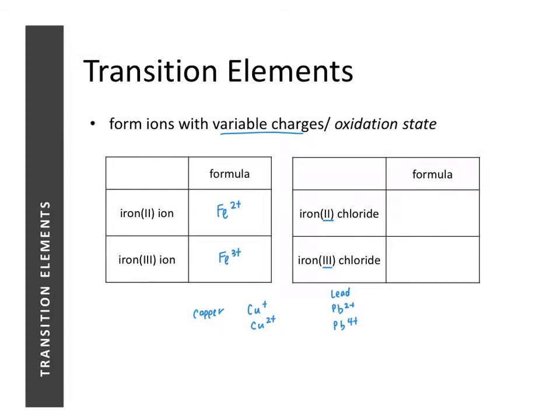If you think about other metals, for example sodium, can sodium have any other charge other than plus? Answer is no. Can magnesium have any other charge than 2+? Answer is no as well. So it's unique to transition elements that they can have ions with different charges. Therefore we have different formulas for the compounds as well.